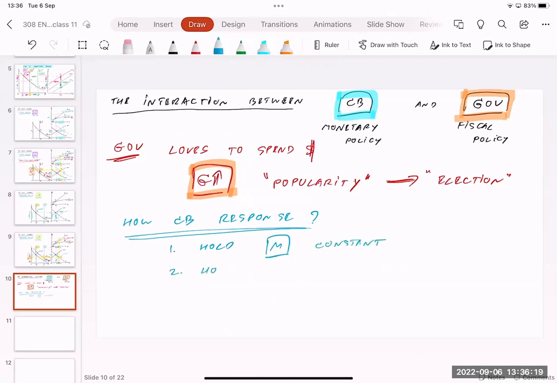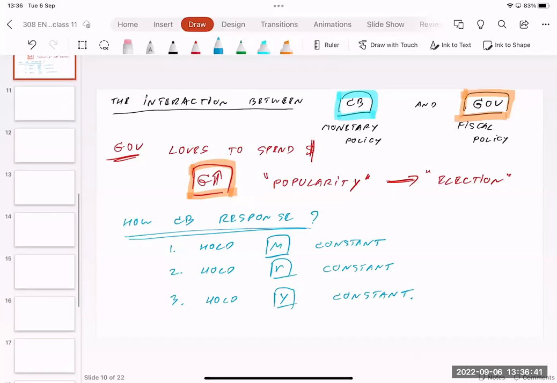The second way is the central bank may respond by holding the real interest rate constant. The third one, the central bank may respond by holding the GDP constant. They have three ways to respond to the government. So let's draw the graph.